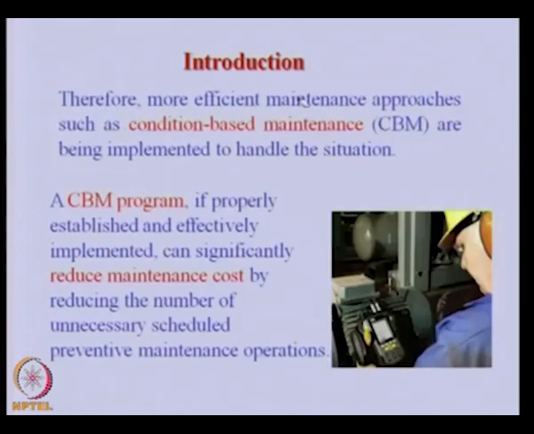Therefore, more efficient maintenance approaches such as condition based maintenance are being implemented to handle the situation. CBM, or condition based maintenance, if properly established and effectively implemented, can significantly reduce maintenance cost by reducing the number of unnecessary scheduled preventive maintenance operations.